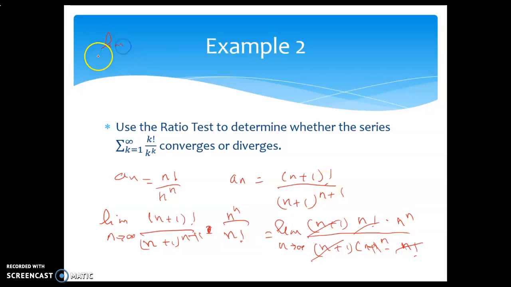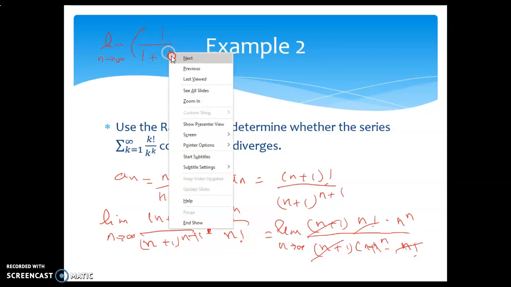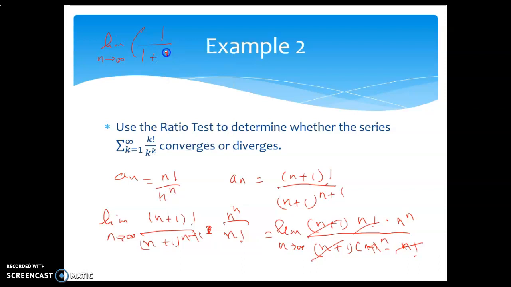the limit as n goes to infinity of 1 over 1 plus 1 over n, all raised to the power of n.